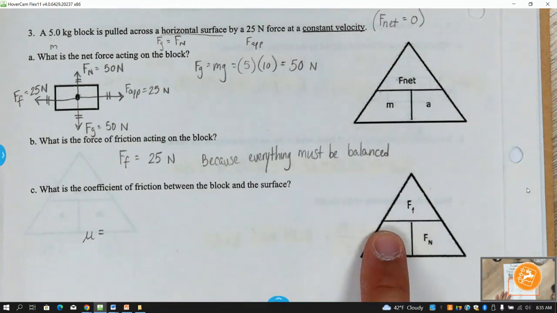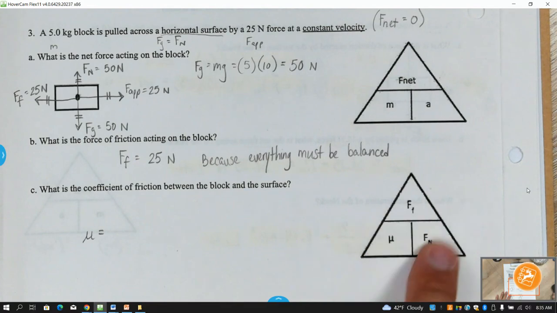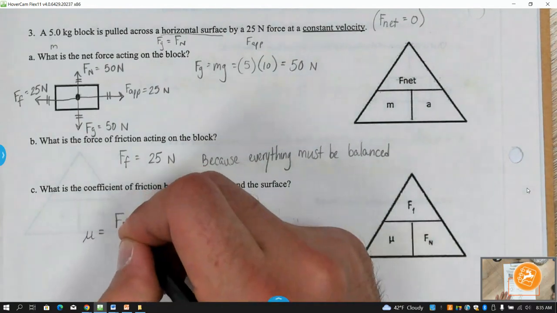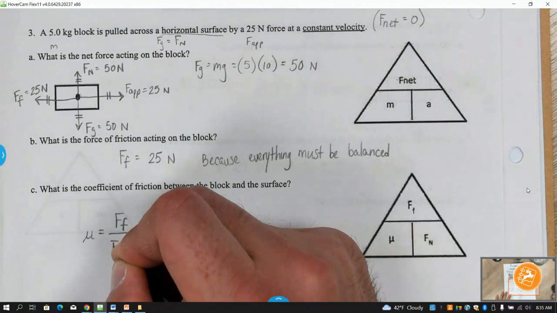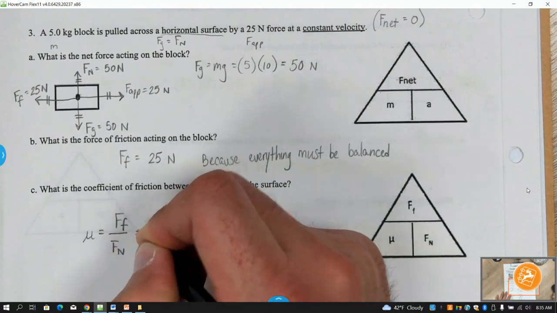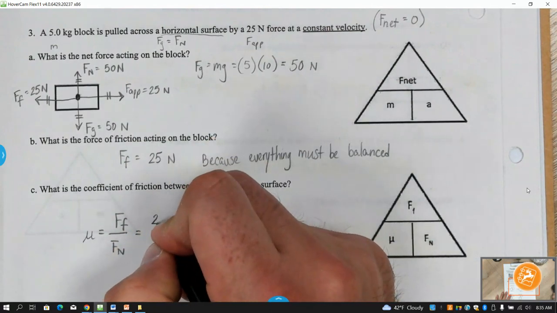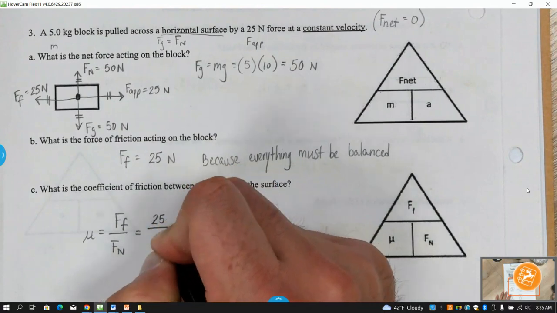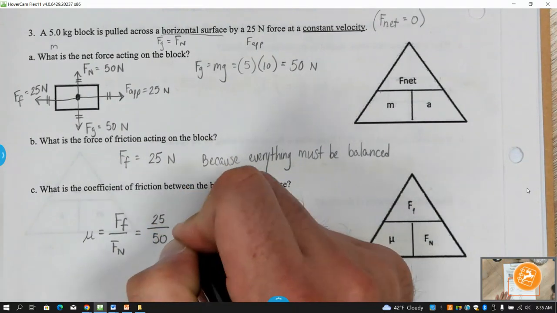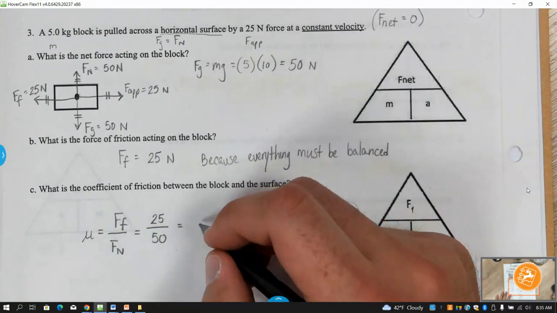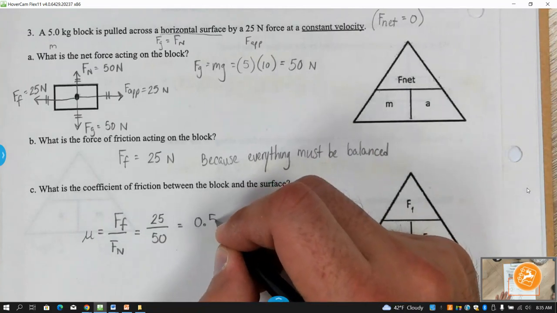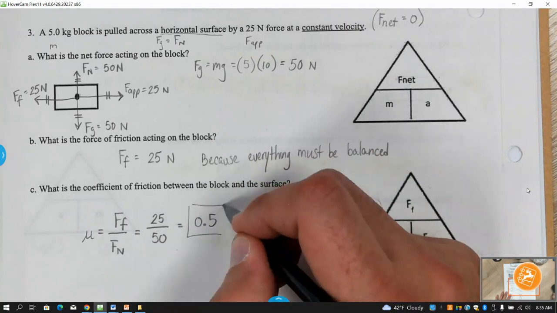I would have to do what by what? Friction force divided by normal force. And it would be 25 over 50, and I would get a coefficient of 0.5. Now this thing does not get a unit.